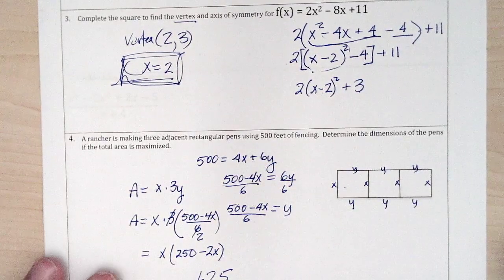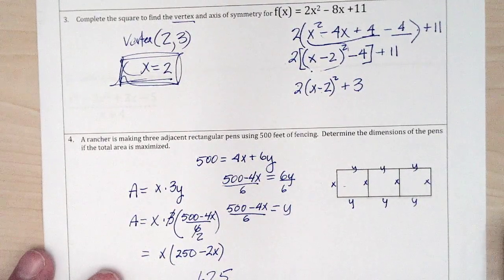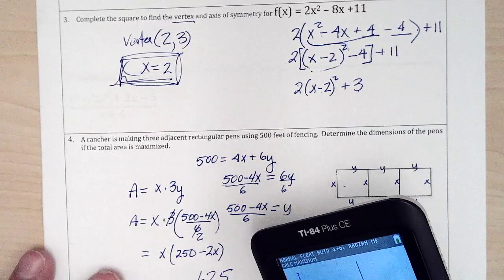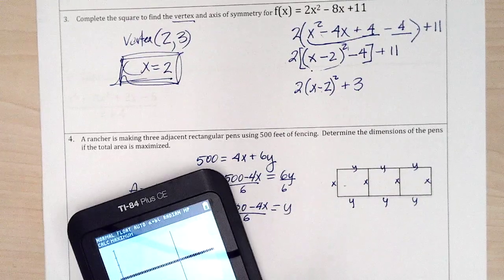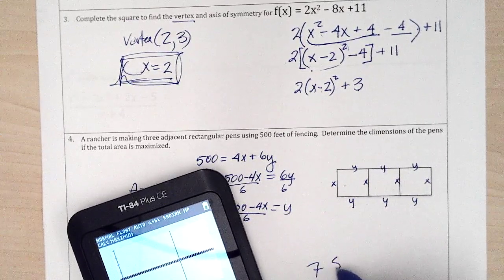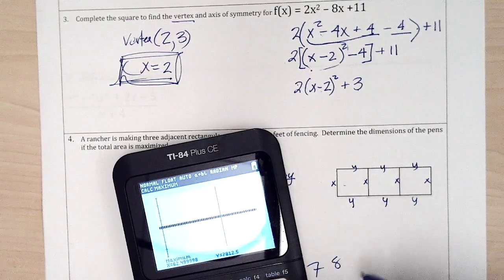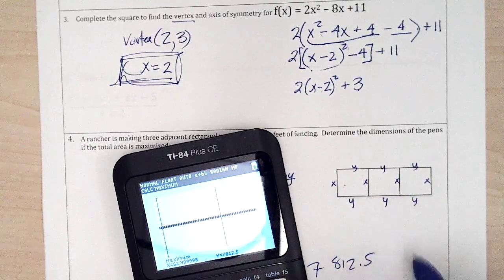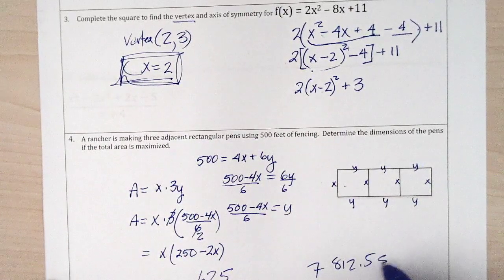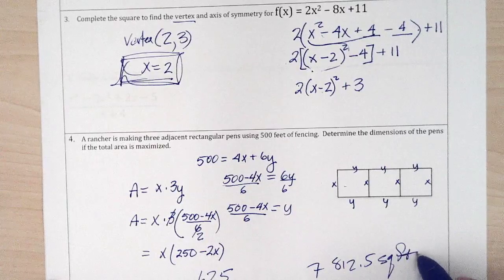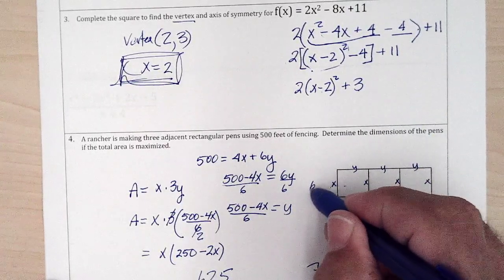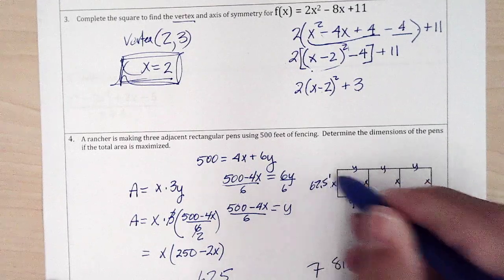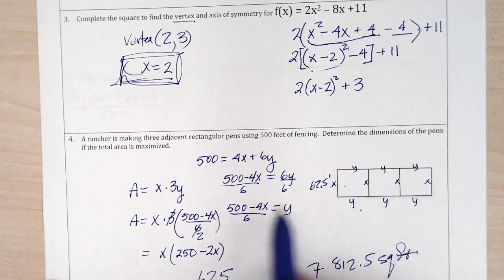Now I could have also gotten the maximum, the actual area, which is 7812.5 square feet. But that's the X for this one, 62.5 feet. What's the Y?